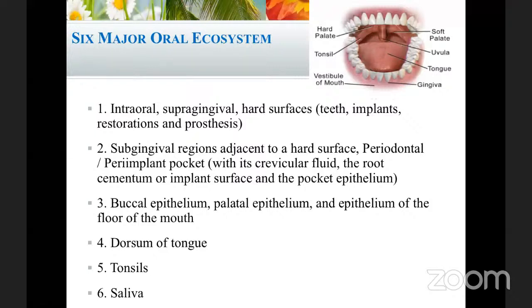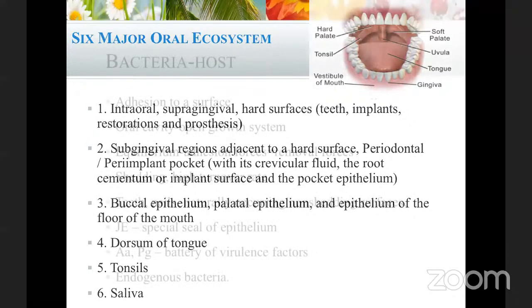Then buccal epithelium, palatal epithelium, epithelium of the floor of the mouth, dorsum of the tongue, tonsils, and saliva. These are the 6 different ecosystems in the oral cavity where different types of microorganisms can live in harmony, in the normal physiologic condition. When this harmony is disturbed, the disease occurs.